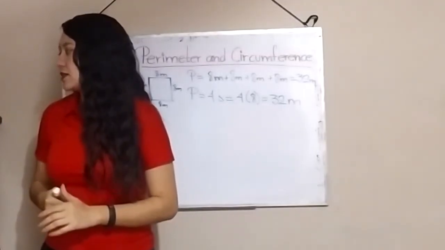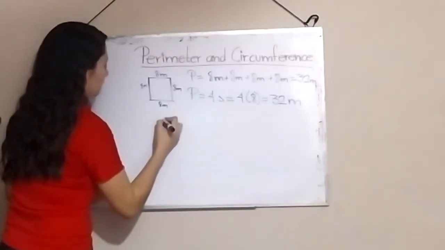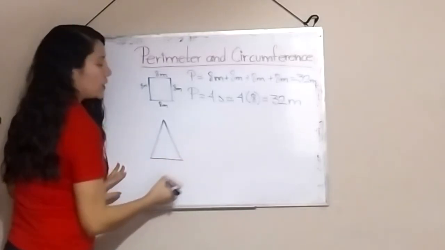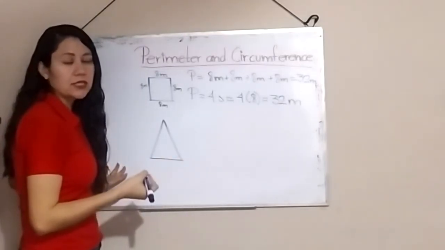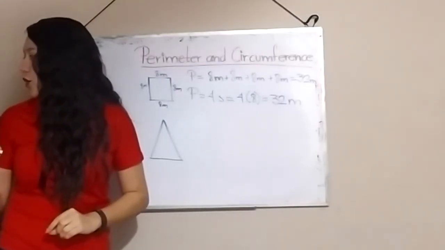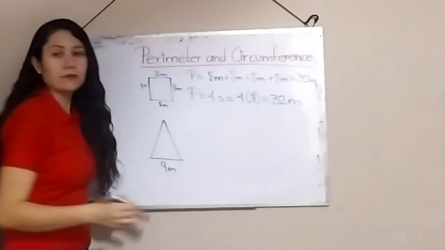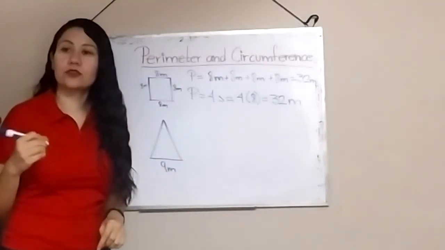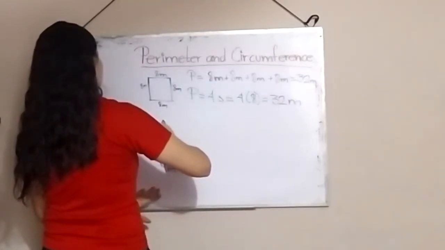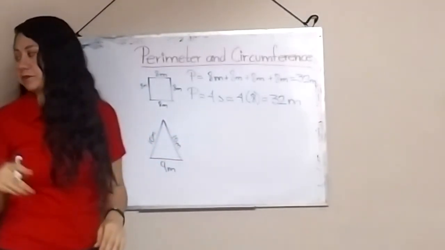Our next exercise is talking about an isosceles triangle. Isosceles triangles have 2 equal sides and 1 different side. And it says that it has one side of 9 meters, while the other 2 sides are 10 meters each. Okay?